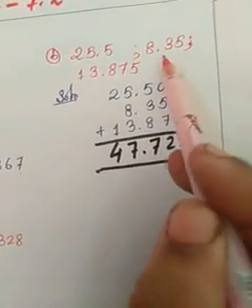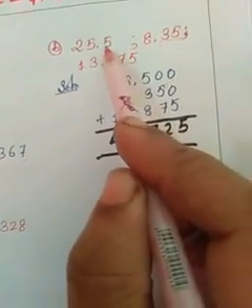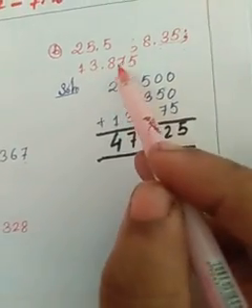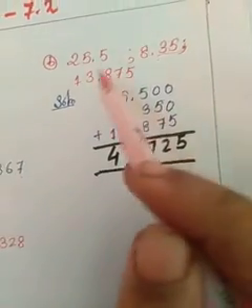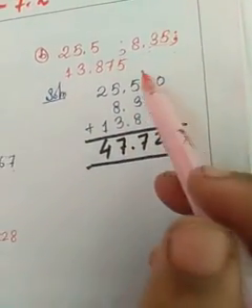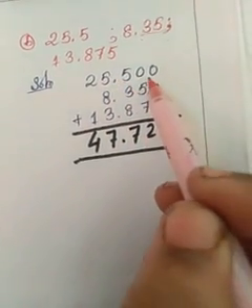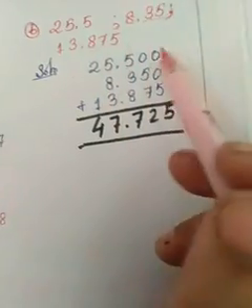Here it is 2 decimal places, and 3 decimal places, but this is 1 decimal place. So we look at the maximum number of decimal places: 13.875 has 3 decimal places. So we have to make all of them 3 decimal places. Is that clear, children? So how will we make it? 25.500 should be added here on the right side, not on the left side, right side.